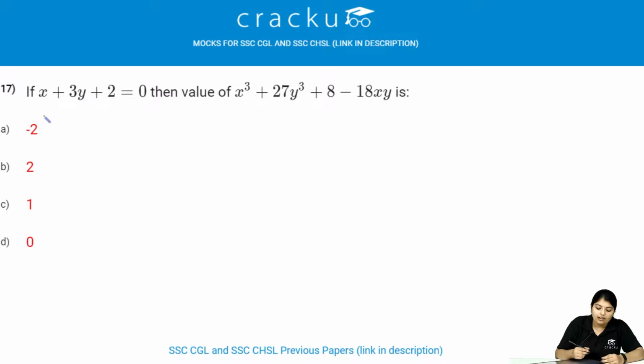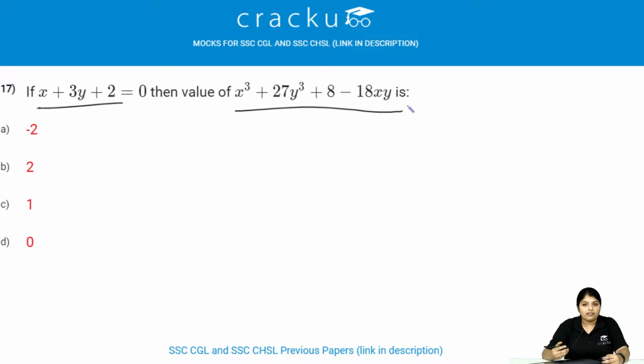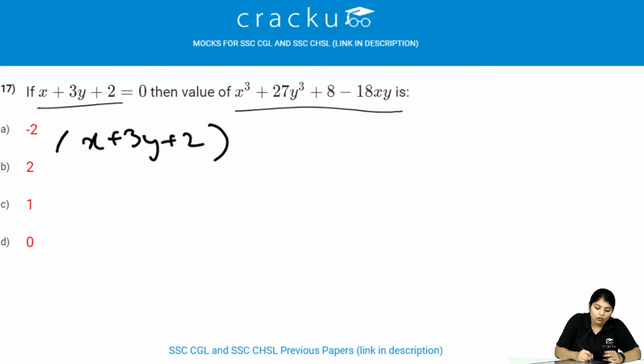If x plus 3y plus 2 is equals to 0, then find the value of x cube plus 27y cube plus 8 minus 18xy. This is the basic algebra related questions. Now do not do it as x plus 3y plus 2 whole cube.